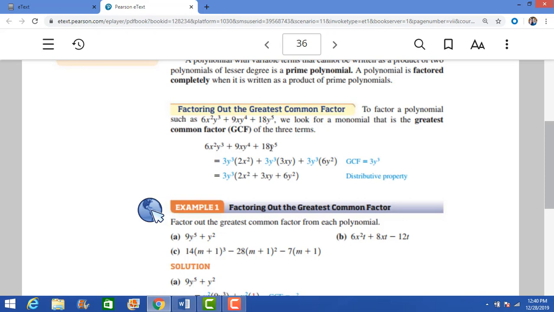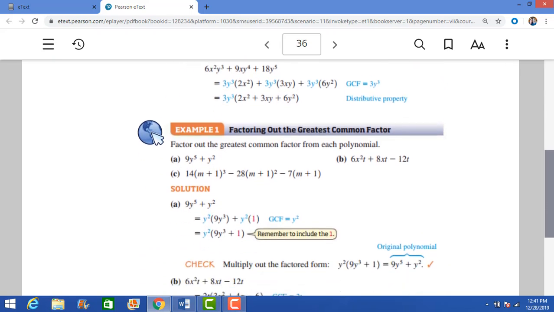It's going to be 6y squared. And so now that we've got the common factor written out as factors, we can factor out using the distributive property, and we can write it as 3y cubed times the quantity of this trinomial, and we're done. Because there's nothing else we can do.